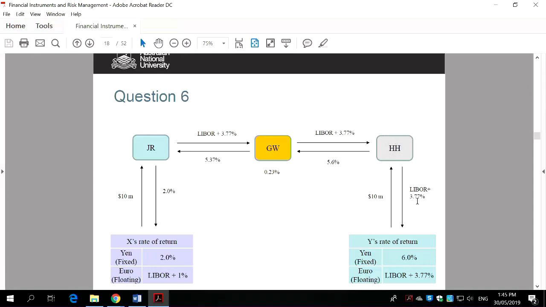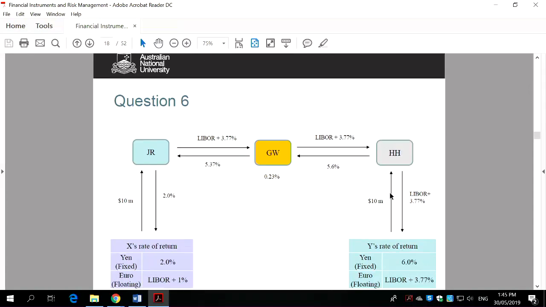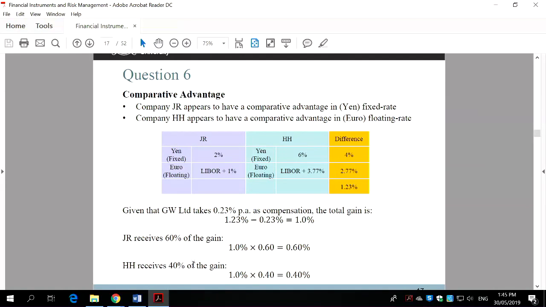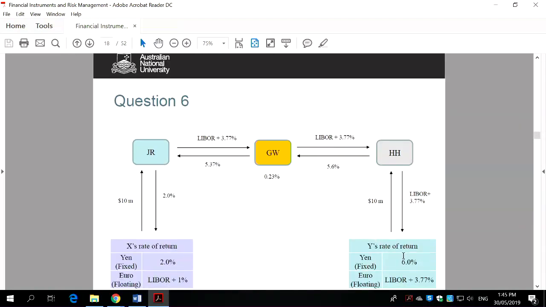Okay, so how much does HH need to pay? Remember, HH needs to receive 40% of the gain, so HH needs to be better off by 40 basis points. So the current best possible rate HH can get by himself is 6%. Now we need to improve his life by 40 basis points. So that's 6% minus 40 basis points.